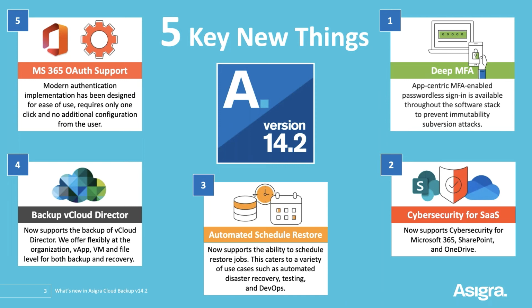And the last key feature is that we've expanded our Office 365 suite to now offer OAuth support. By having OAuth support, we can actually expand and add more services to our suite. Because we now offer OAuth support, we can now back up teams, modern SharePoint sites, and groups, as well as Exchange, OneDrive, and SharePoint, which we previously did.